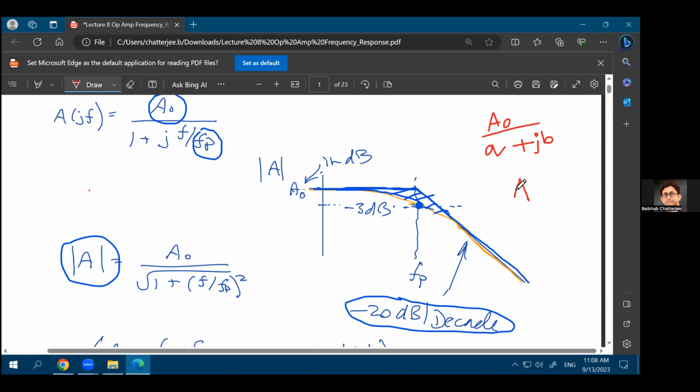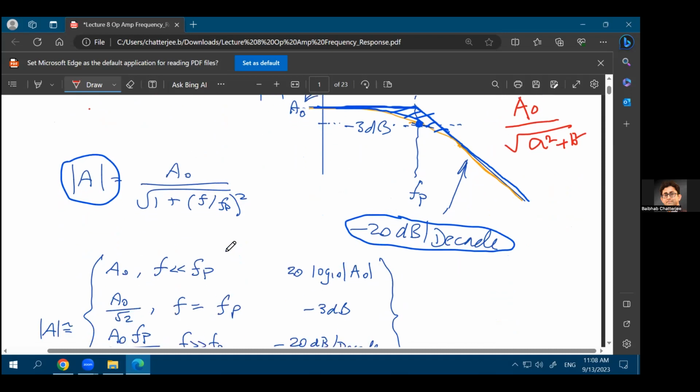That would be A0 divided by square root of A square plus B square. That just comes from your complex number theory. So that's the magnitude of your gain as a function of the frequency.